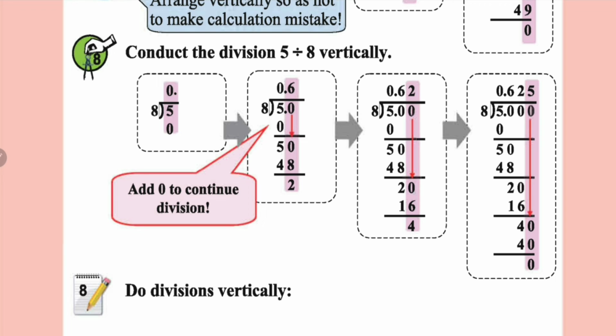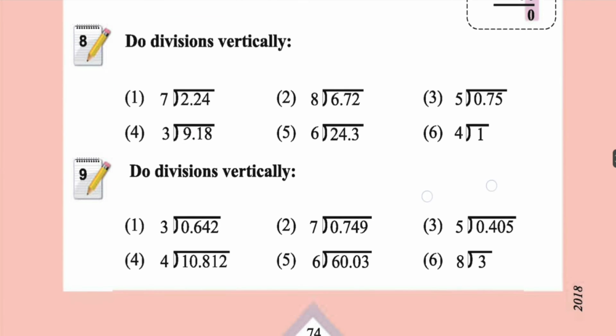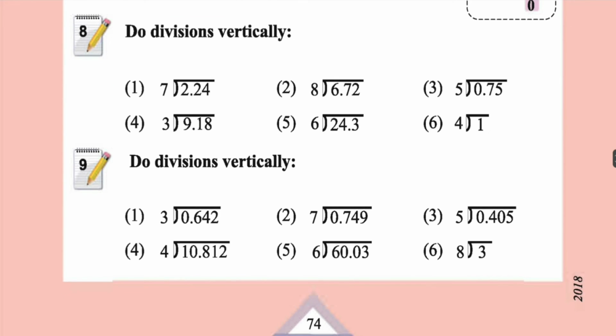Next again 0 will come down. 8 2s are 16, 4. Again 0 will come down. 8 5s are 40. You need not write the zeros here, the trailing zeros. Anyway, you can bring those zeros after each step like I mentioned earlier. Okay.